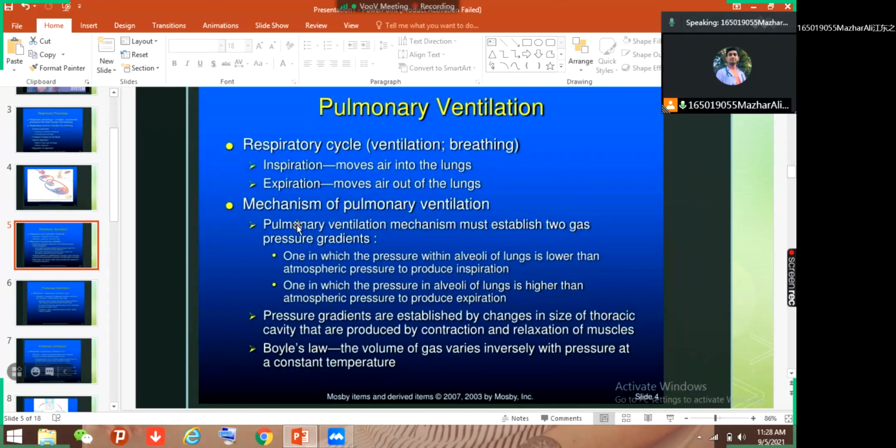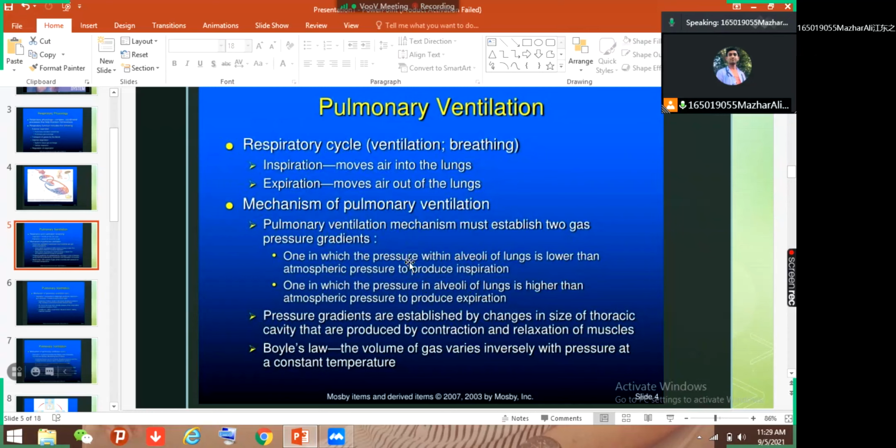So what is the mechanism of pulmonary ventilation? First of all, you should know how ventilation happens. The pulmonary ventilation mechanism must establish a gas pressure gradient. What's the meaning of this? When the pressure within the alveoli is less, then inspiration is produced.